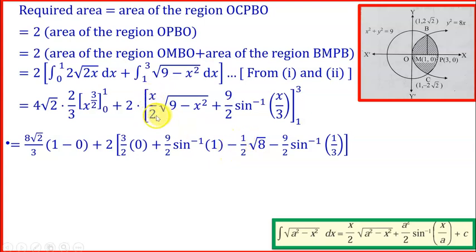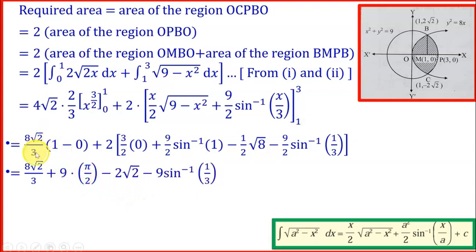Here x is replaced by 1. Replace x by 1, then 9 minus 1 means 8, that is root of 8, minus 9 by 2 sine inverse of 1 upon 3. And hence after simplification you will get 1 into 8 root 2 upon 3 plus, next, multiplication, this will become 0. 2 into 9 by 2, 2 get cancelled.